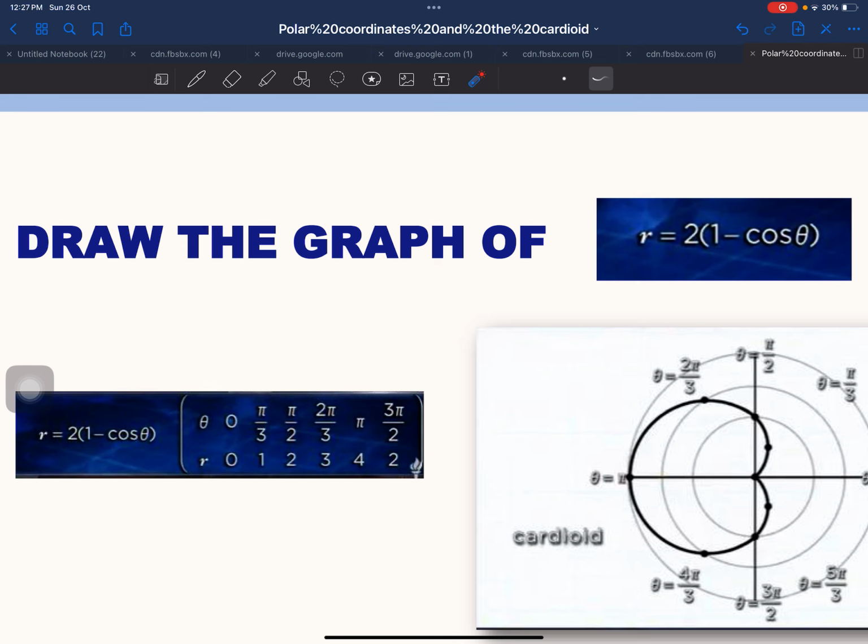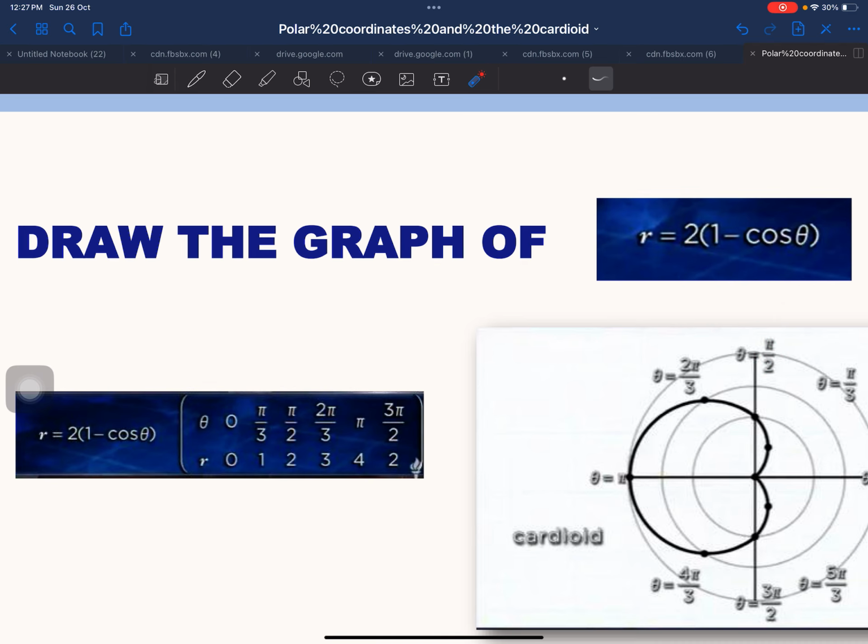And when theta is pi over 3, cosine of pi over 3 is 1 half. So 2 times 1 minus 1 half, and 2 times 1 half is equal to 1.